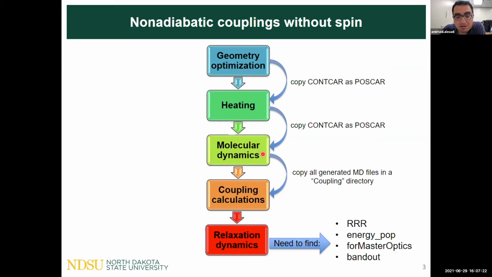After that, we did the coupling calculation, and for each time step we generated the coupling files. Previously, we did some calculation on the couplings to get the RRR files. And today we are going to plot the relaxation dynamics.